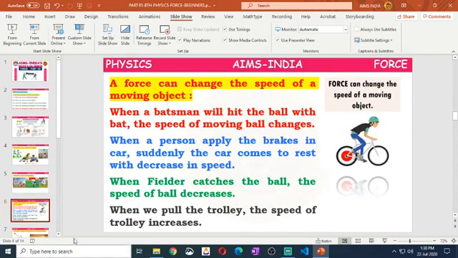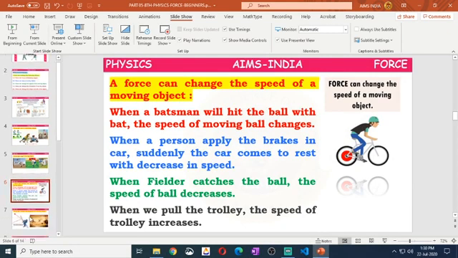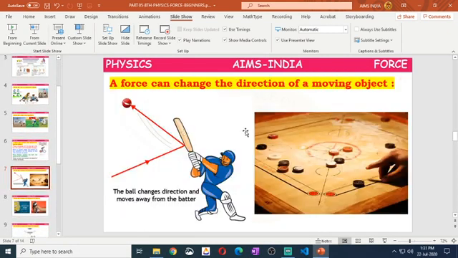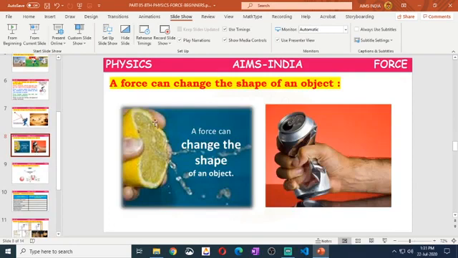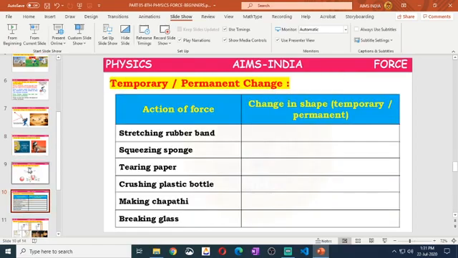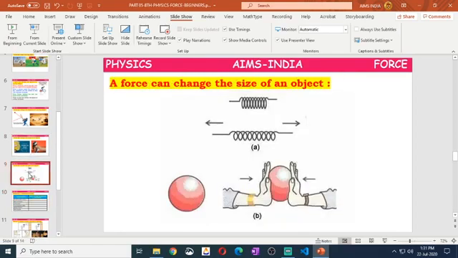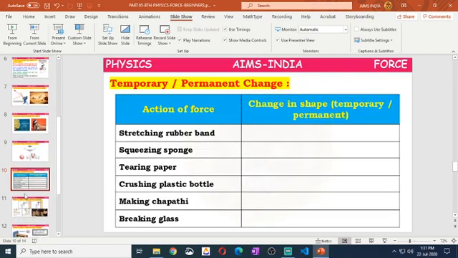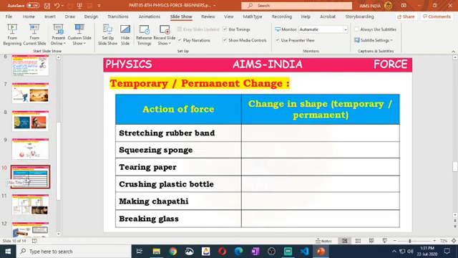It can change the speed of a moving object. It can change the direction of a moving object. It can change the shape and size of an object, but the changes may be temporary or permanent.